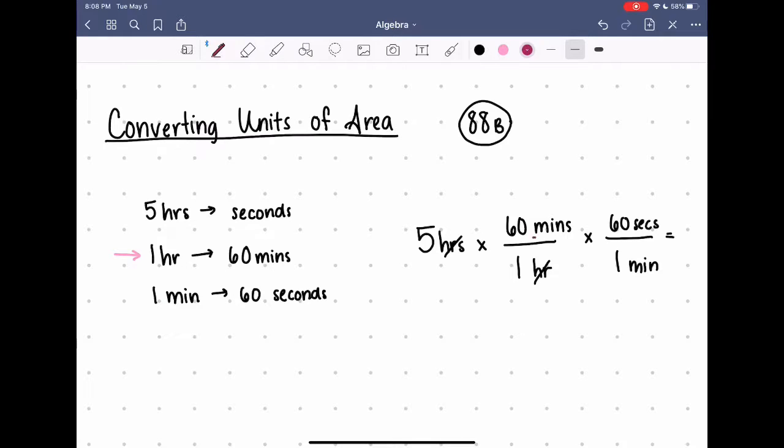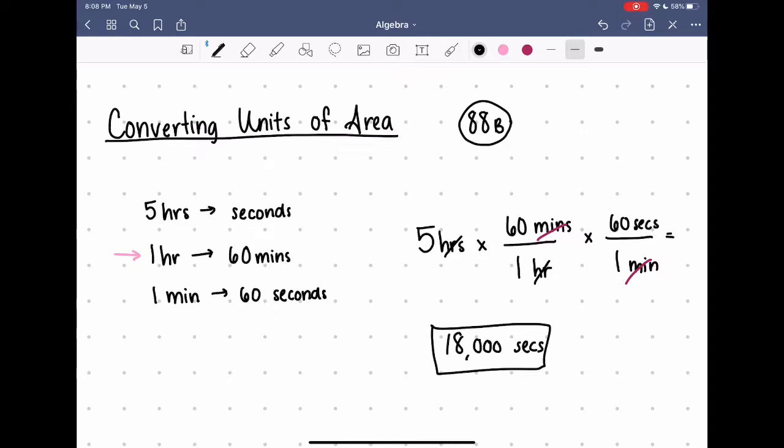If I have minutes and I'm dividing that by minutes, I can get rid of that whole unit. I'm out of minutes now and I'm into seconds. So then I do 5 times 60 over 1, or just times 60 times 60 over 1 again. So I'm doing 5 times 60 times 60. And I get the answer of 18,000 seconds.